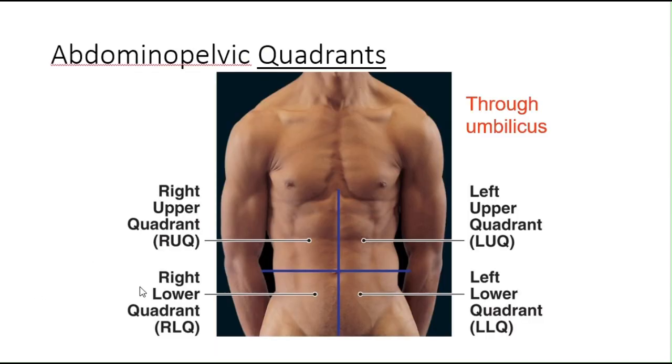For example, here this bone is called the clavicle. This part of the bone is closer to the sagittal plane, so because of that it is called medial, and this part of the bone is lateral because it is farther away from our sagittal plane.